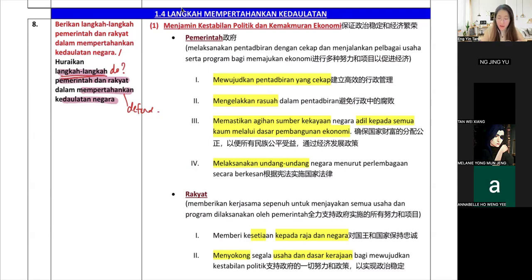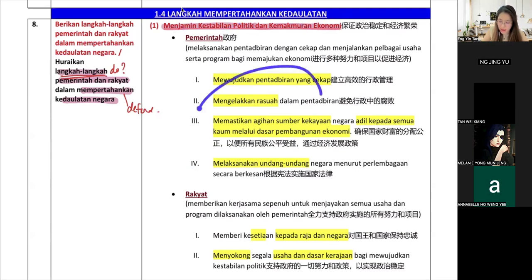I say. Okay, so what do we do to defend our rights? The answer is we need to make sure politics is stable and develop our economy. So you see, menjamin, what is the langkah-langkah? Number one, we need to make sure our politics is stable and our economy is prosperous.